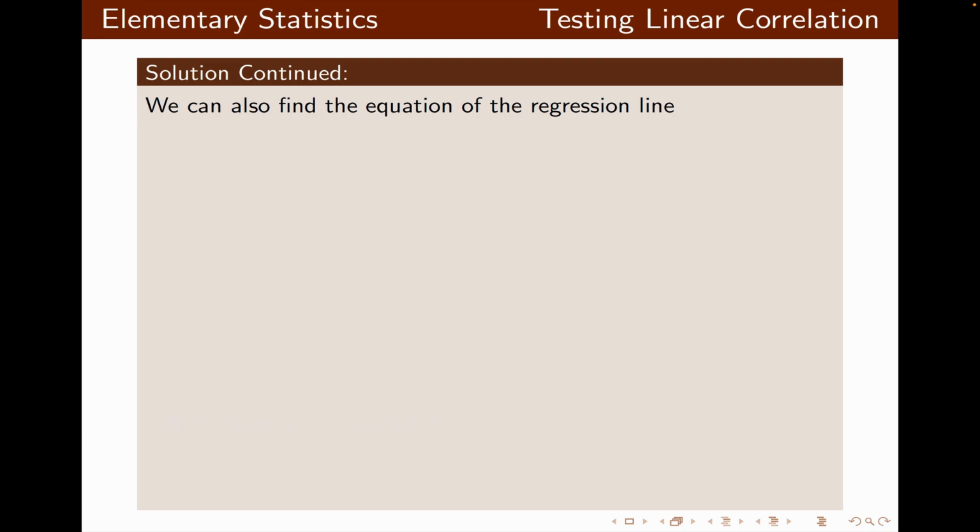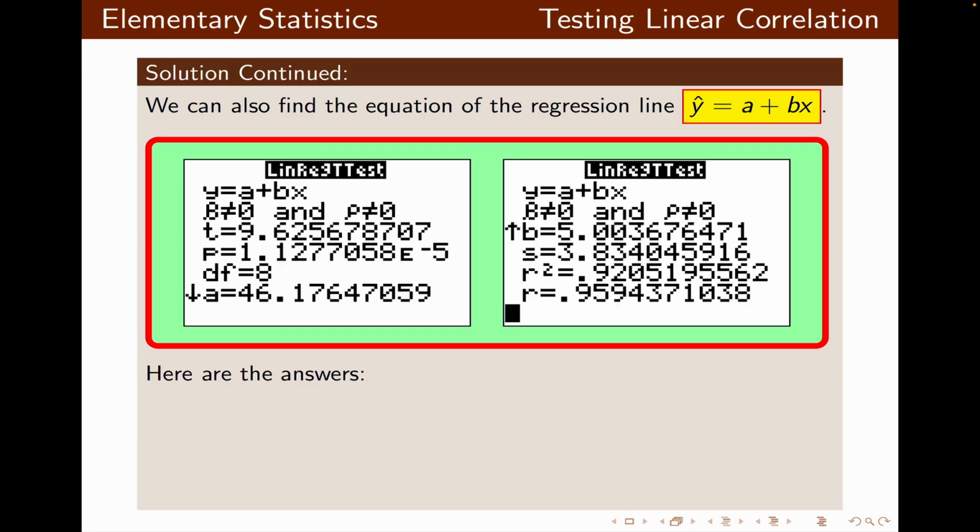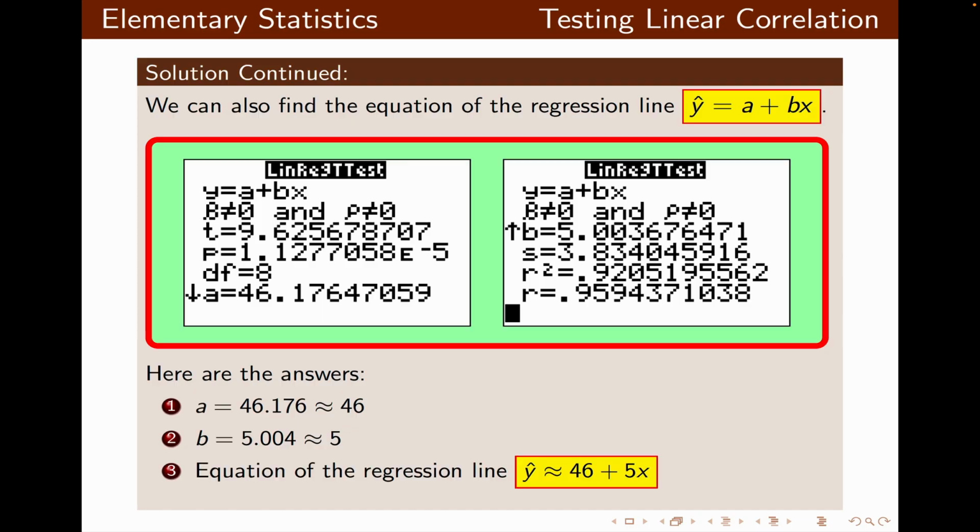We can also find the equation of the regression line, y equal to a plus bx, or y hat equal to a plus bx. Based on the results we have, a is approximately 46, b is approximately 5, so the regression equation y hat is approximately 46 plus 5x.